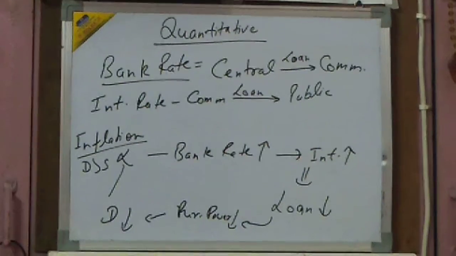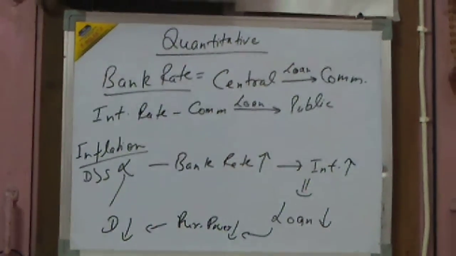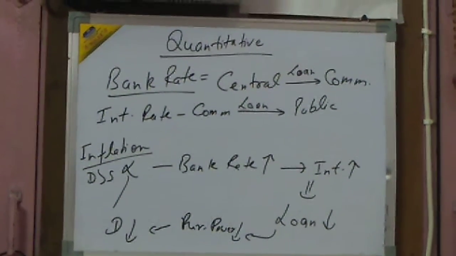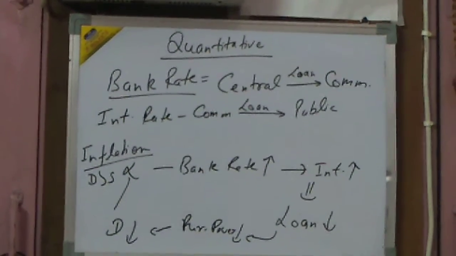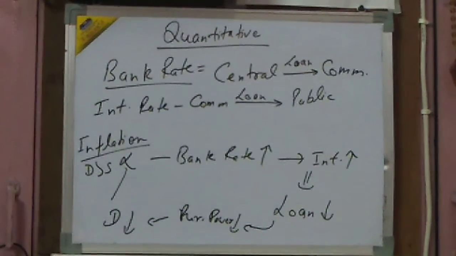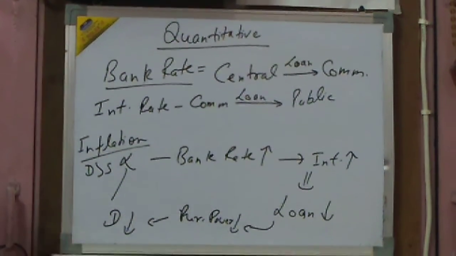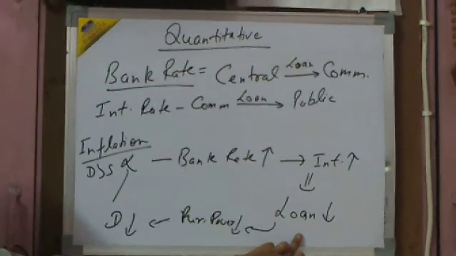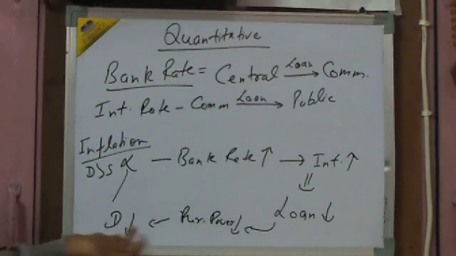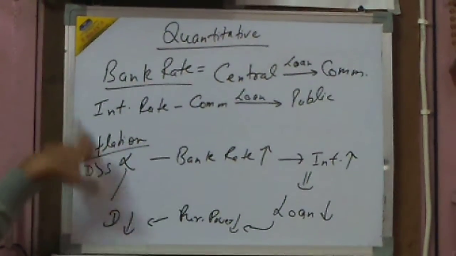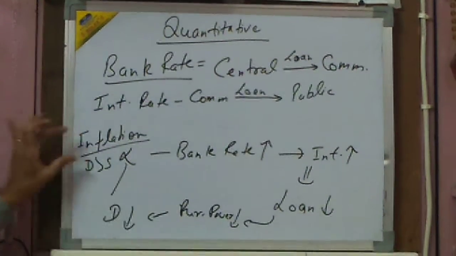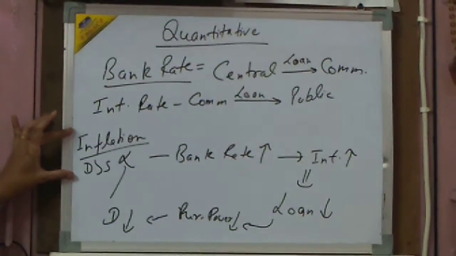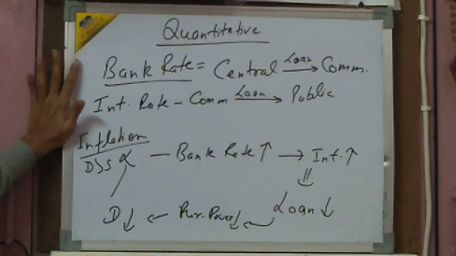So now you can understand how it works. The central bank increases the bank rate, the commercial bank also increases the interest rate, people take less loan, their purchasing power decreases, the demand decreases, and the inflation wipes out. So how is the central bank controlling the inflation? By increasing the bank rate.